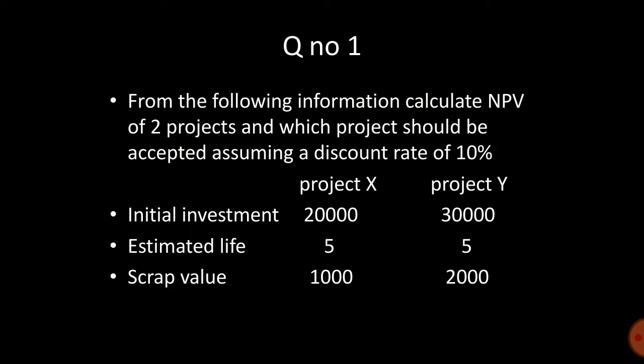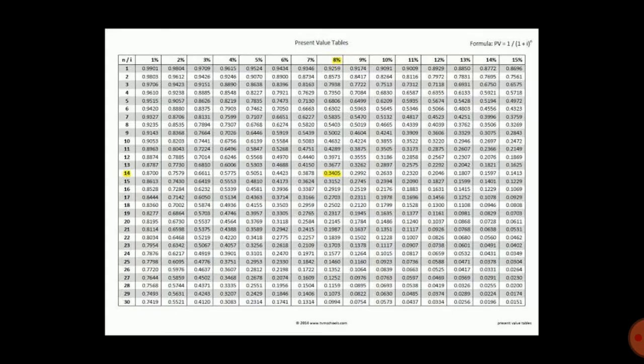So here cutoff rate is 10% and this is the present value table, and here the cutoff rate from 1% to 15% is given, and first column is year column, and year 1 to 30 is also given. First year to 30 years are given, and this is the present value at different cutoff rates. In our question our cutoff rate is 10%, so we want to find out the present value at 10% cutoff rate.